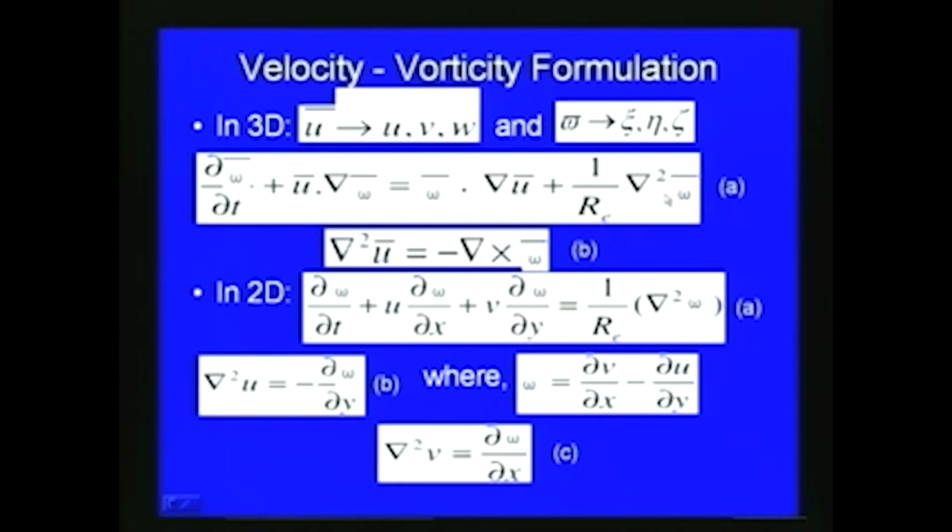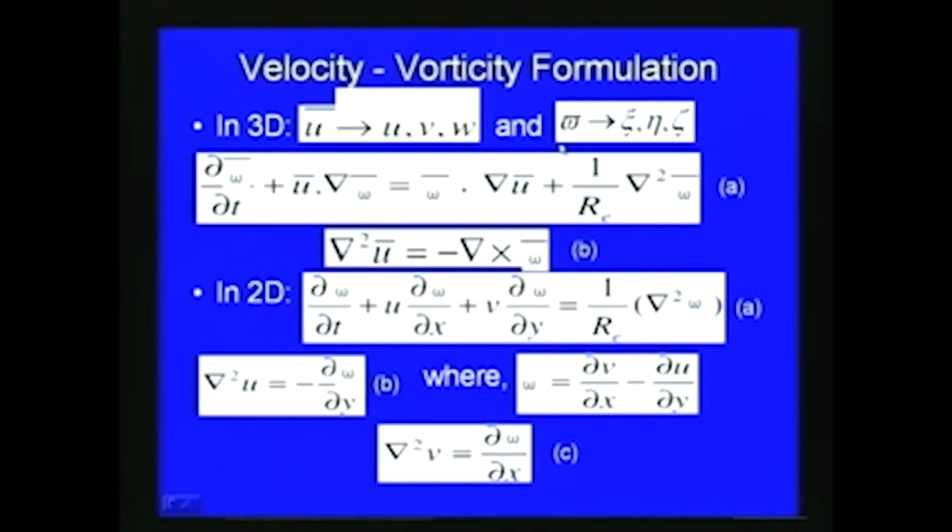This is one equation used in the velocity vorticity formulation, and the second equation used is del square u bar is equal to minus del cross omega bar, as given in equation B. So, there are two equations in vectorial form, as given in equations A and B.